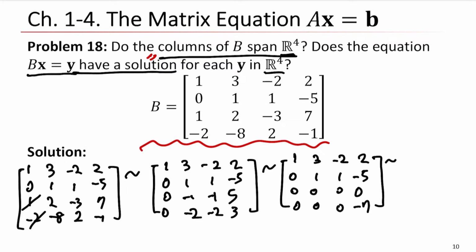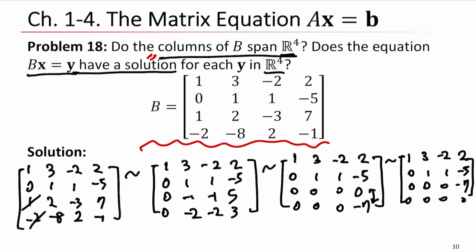If we interchange row 3 and row 4, then the final echelon form of the matrix is something like that, right?